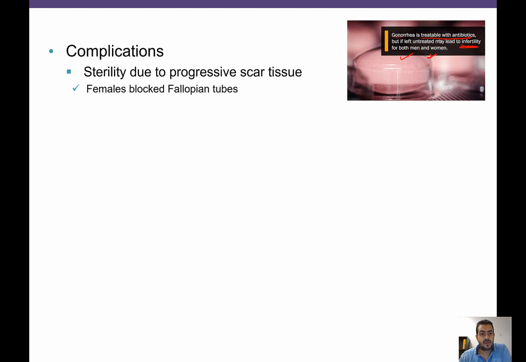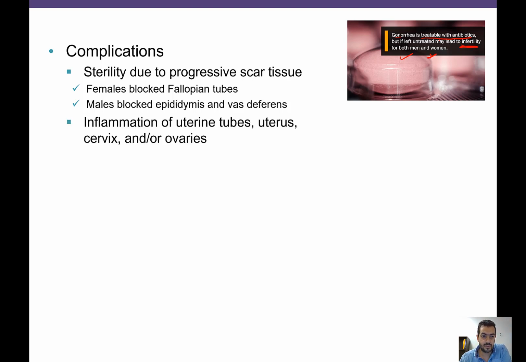This sterility in females will come from blocking the fallopian tubes, which connect the ovaries to the uterus, and in males it may lead to blockage of the epididymis and vas deferens, and the net result may end up with sterility or infertility.